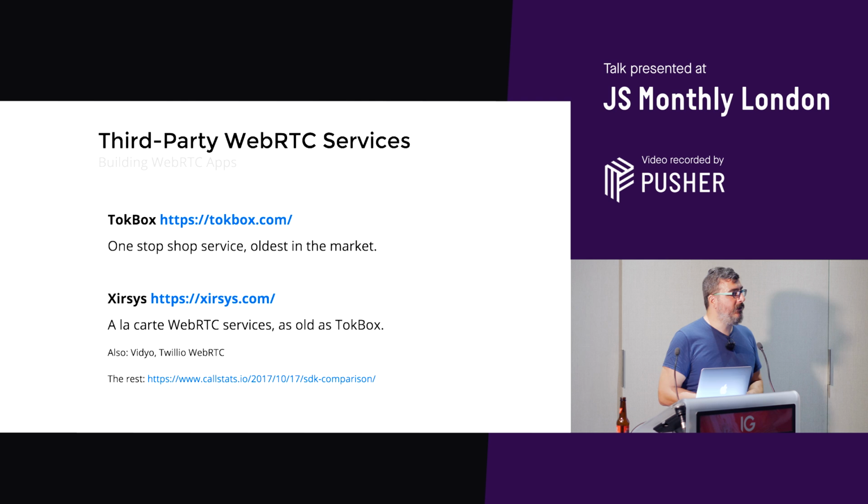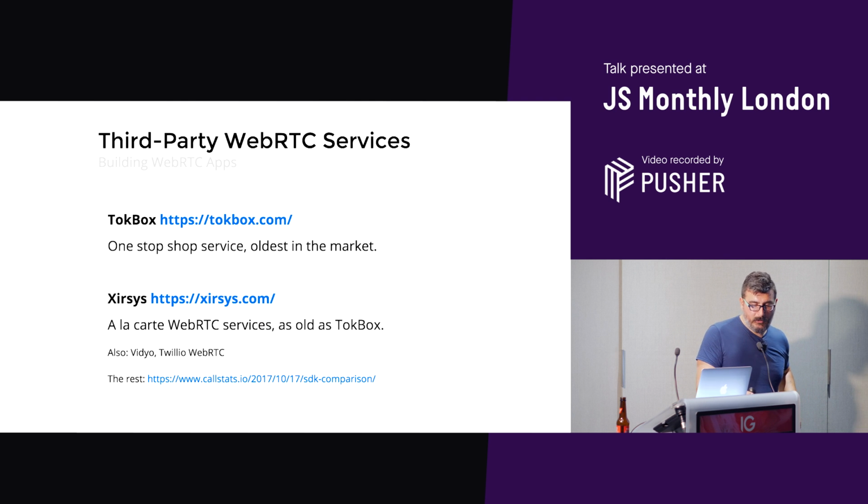TokBox and Xirsys have been there since day one that WebRTC came out. TokBox is the one-stop shop where basically you get the whole infrastructure. You just connect with their API, send them who needs to connect with whom, and everything is handled and managed by TokBox. Xirsys is more of an a la carte service, so you can go to them and say, all right, I have a STUN service, I have a single server, I just need the TURN server from you, or any other single piece of infrastructure.